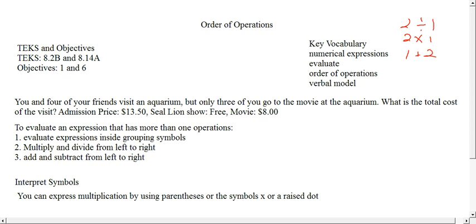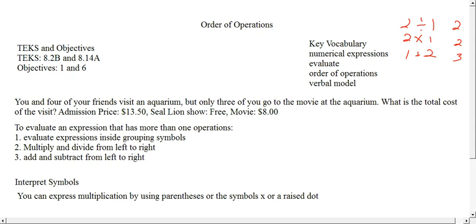Okay, to evaluate these numerical expressions, we simply find the value, as 2 divided by 1 is 2, 2 times 1 is 2, and 1 plus 2 is 3. That is how we evaluate a numerical expression.